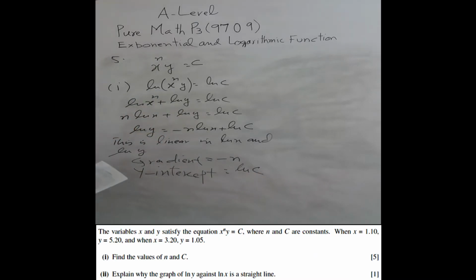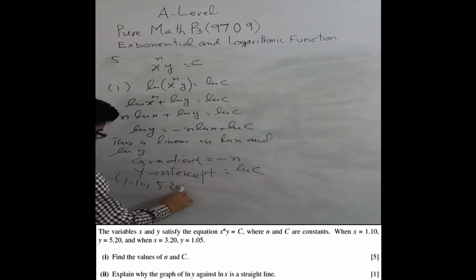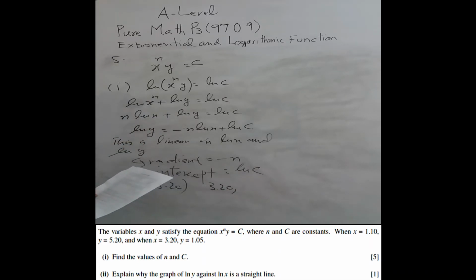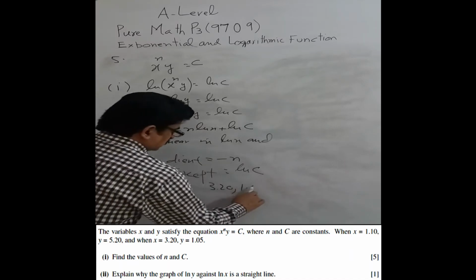Now you are given the points in the question: when x is 1.10, y is 5.20, and when x is 3.20, y is 1.05.